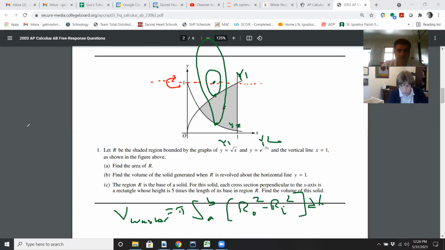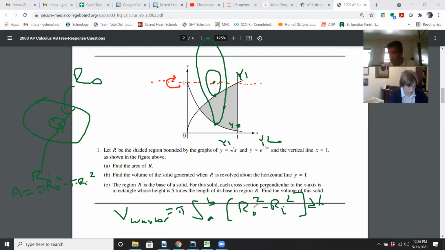Because when you have a washer, you have an outer radius, you have an inner radius. So the area is just going to be the difference in those two circular regions, right? The outer circle area minus the inner circle area. So the pi gets pulled out, and you have R_O squared minus R_I squared.